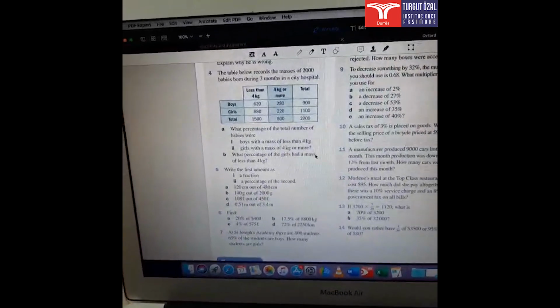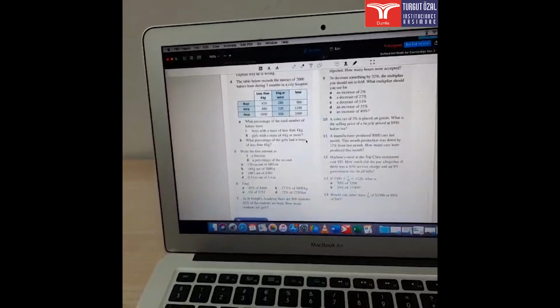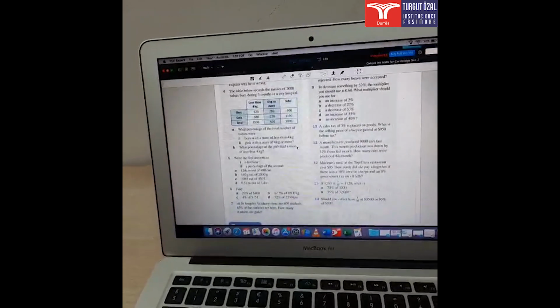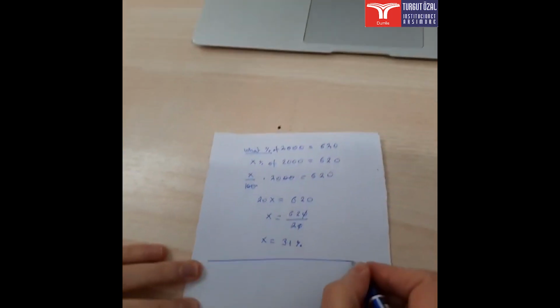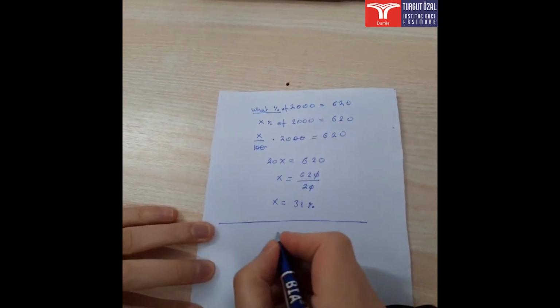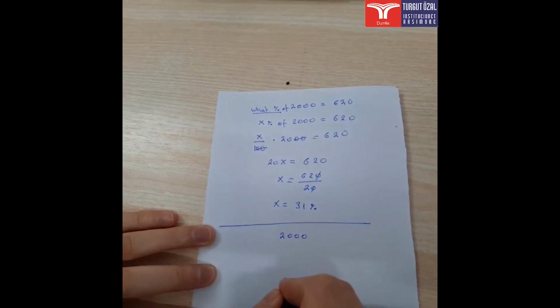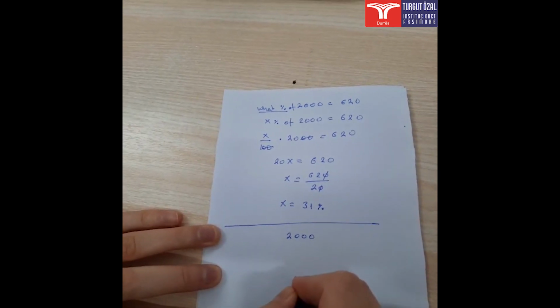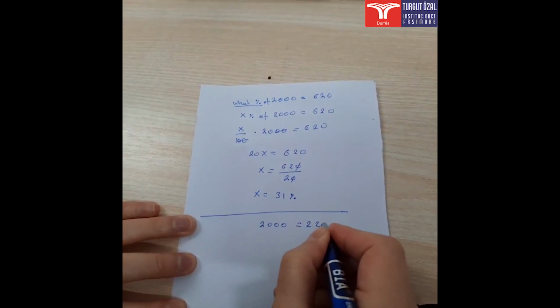Let's continue with the second one. We have to find what percentage of the total number of babies were girls with a mass of 4 kilograms or more. Again we know that the total number of babies is 2000. The number of girls which are 4 kilograms or more is 220.